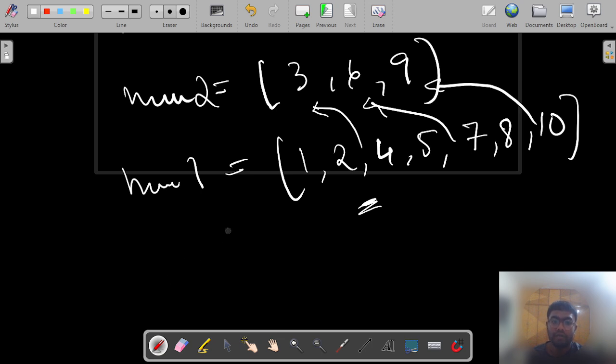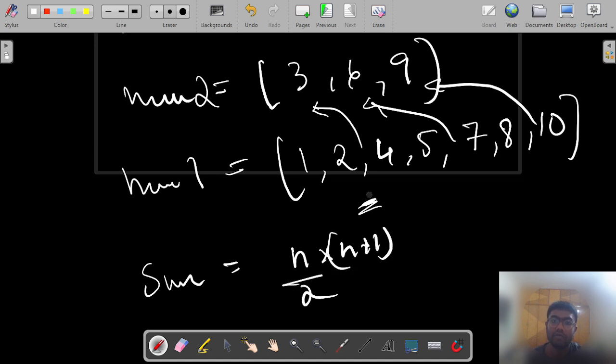If we can calculate the sum through the formula n into n plus 1 by 2, we can also calculate nums2.